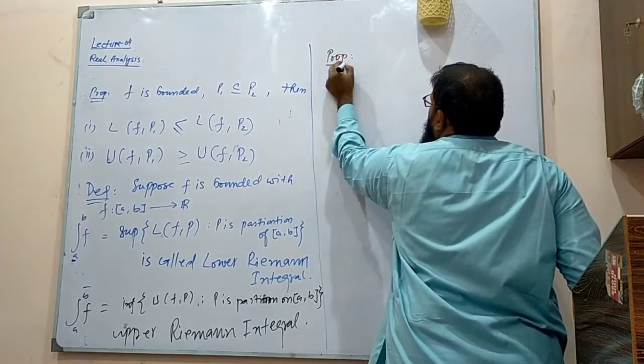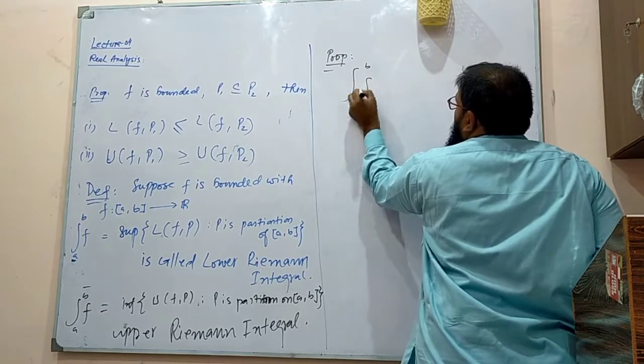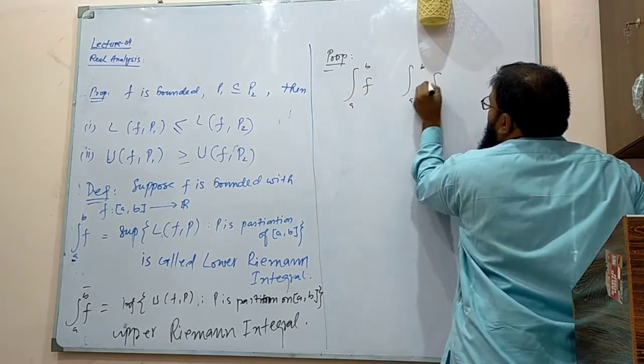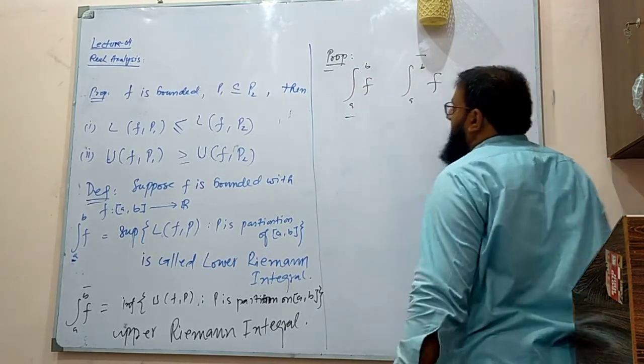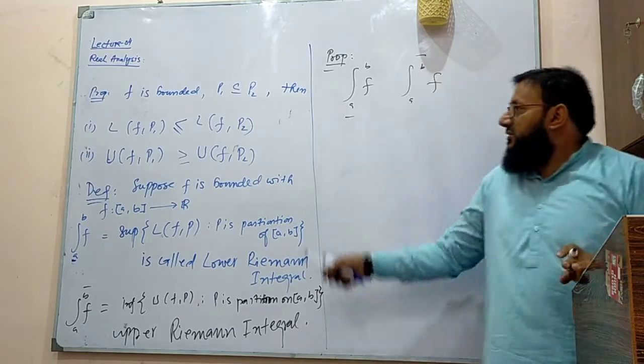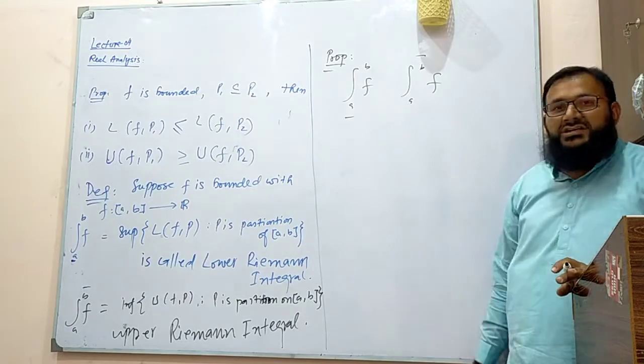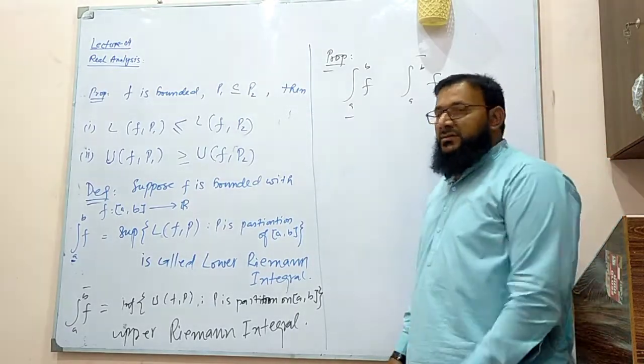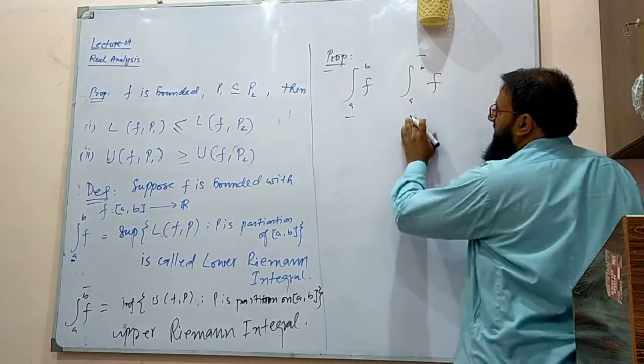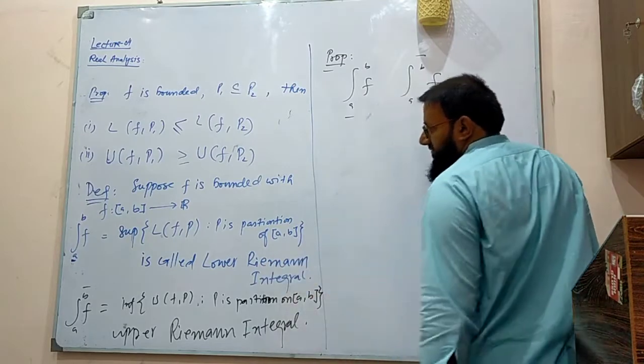There is a proposition about the relationship between lower and upper Riemann integral. This is the lower Riemann integral. The bar is downwards, the bar is upwards. What is the relationship? We want them to be equal.